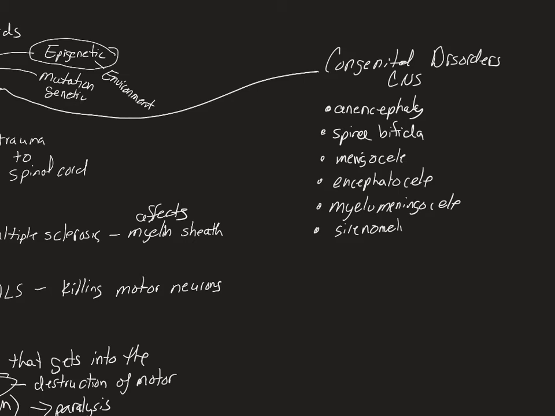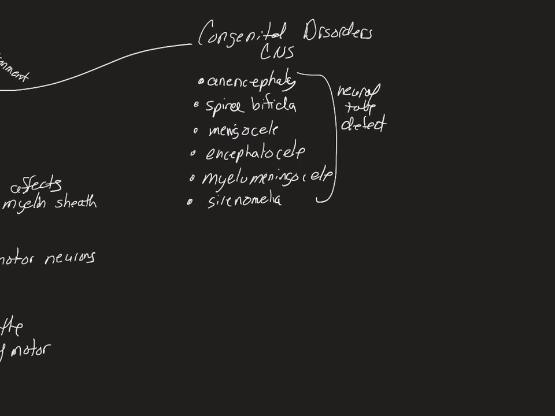What's interesting about all of these is that they are neural tube defects. So when the neural tube is forming in that embryo, it doesn't close. Okay, so this is what they all have in common. What is different about these is basically location, and severity.